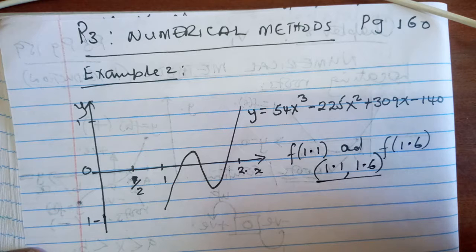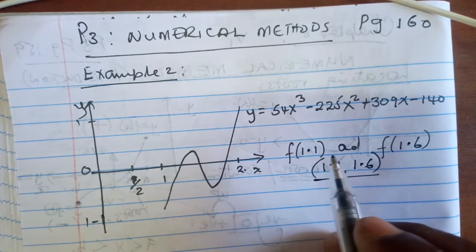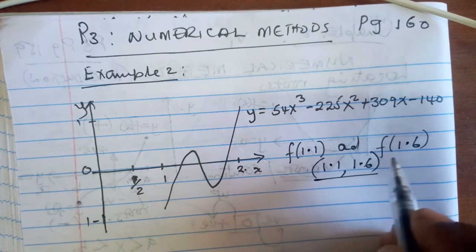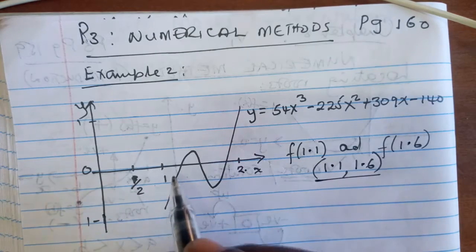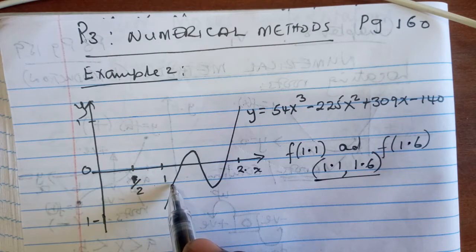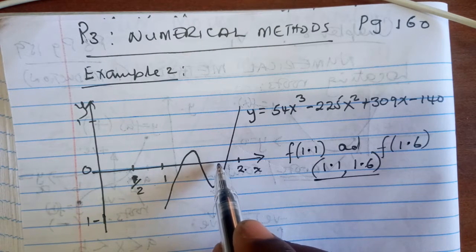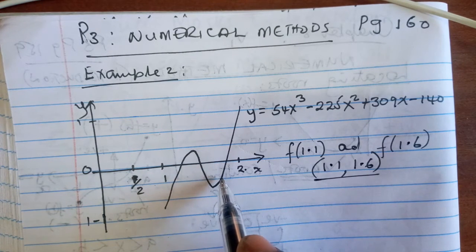Well, what do we need to say? Part A, we are told that a student observes that f(1.1) and f(1.6) are both negative. We could say 1.1 is here, the function is negative. We could say 1.6 is here, it's still negative.